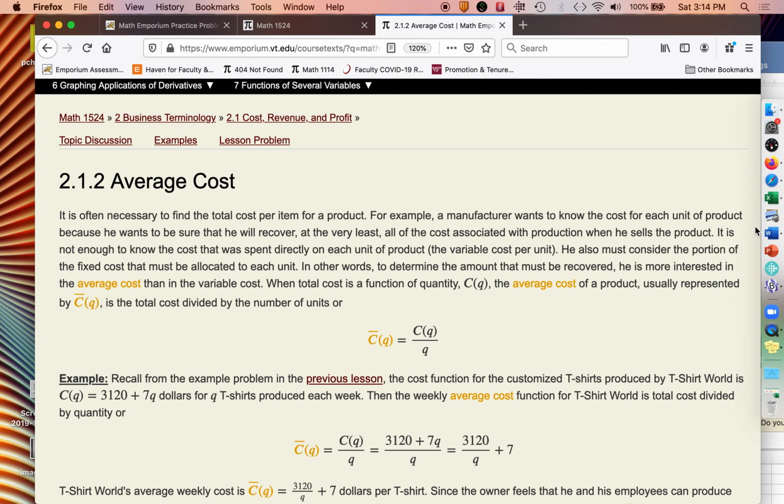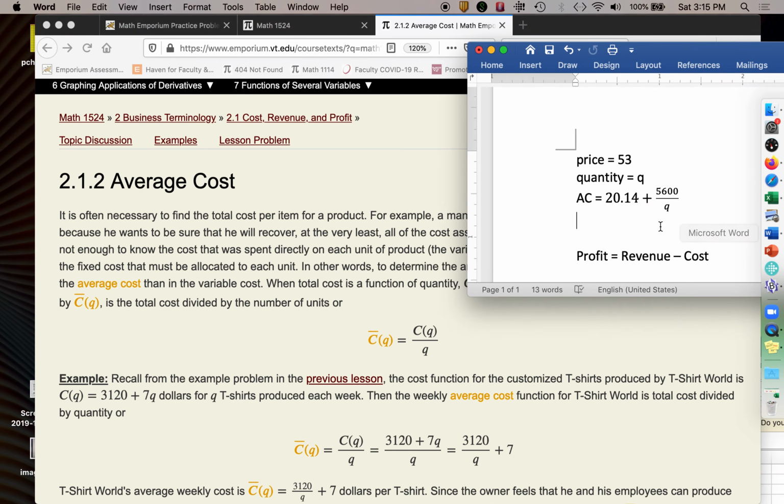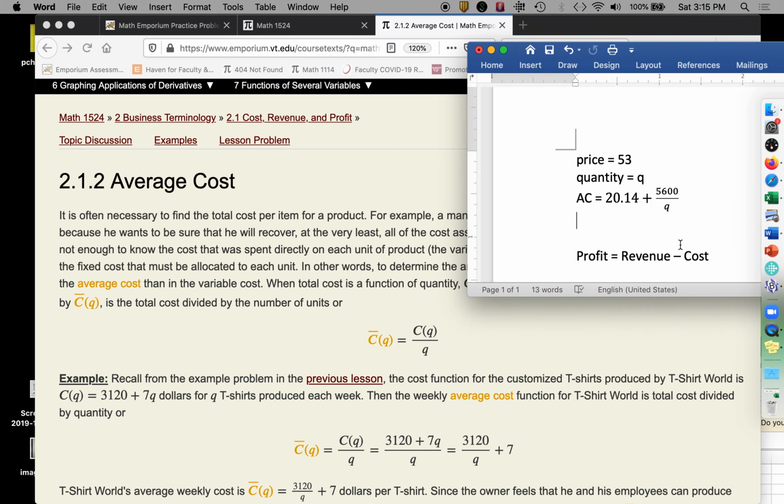So I bet we can use that to convert from average cost to cost.